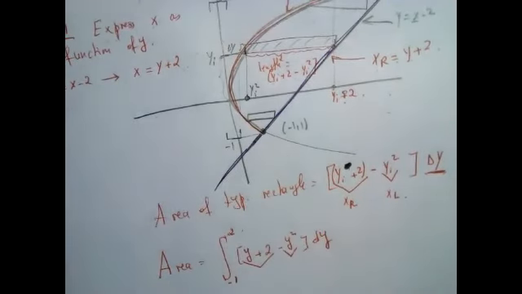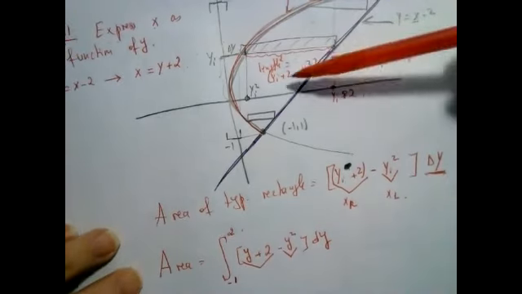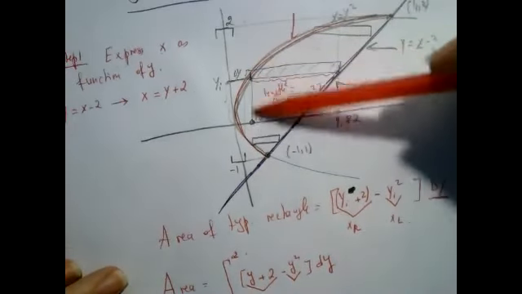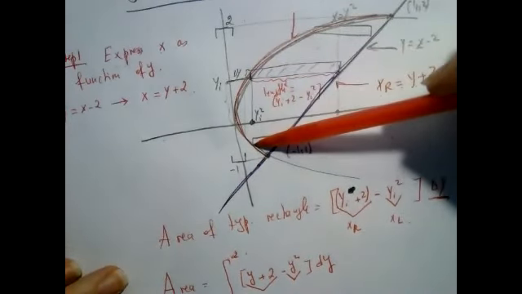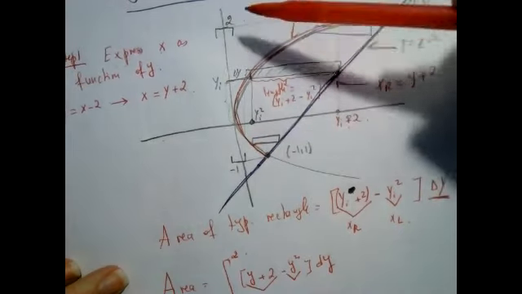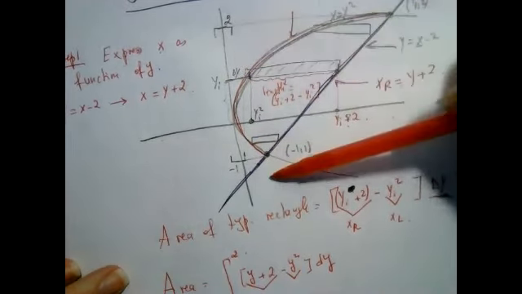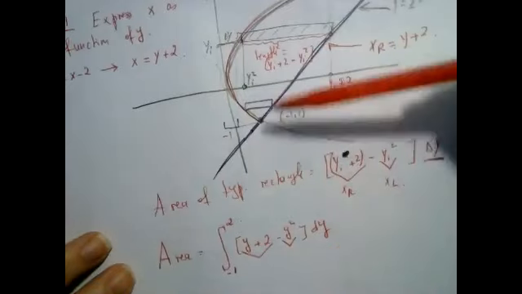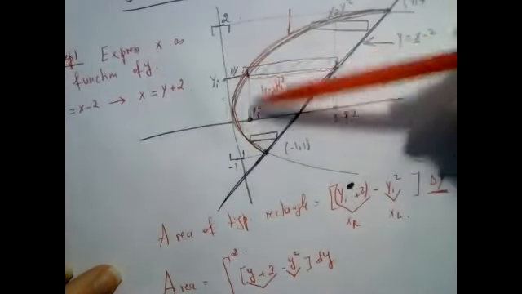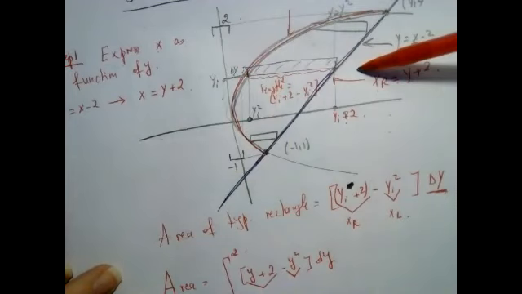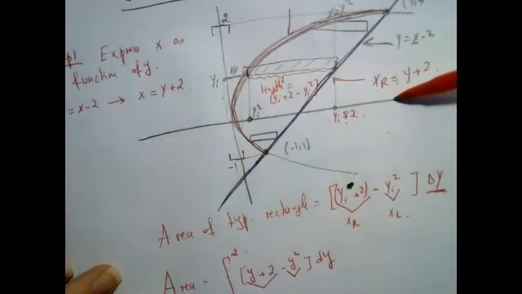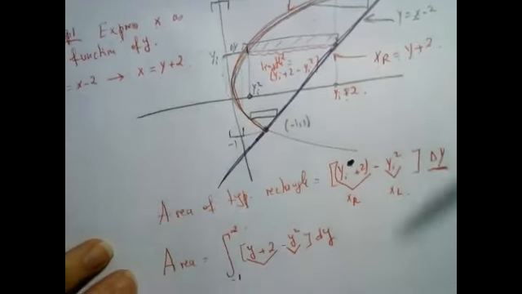So this problem, we can do it 2 ways. Either by taking horizontal rectangles, and in this case we integrate with respect to y, and this gives me one integral. If I take vertical rectangles, in this case x was my variable, but then I had to split into pieces.